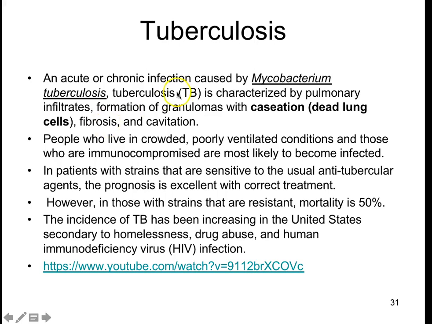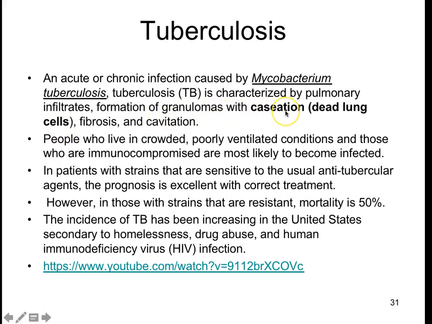TB is caused by Mycobacterium tuberculosis. I know that was covered, you probably did an acid-fast stain someplace in microbiology and looked at Mycobacterium. Now, Mycobacterium is a slow-growing but very, very persistent bacteria and can end up forming what are called granulomas. These are like little tight cysts that can have inside of them dead lung cells.